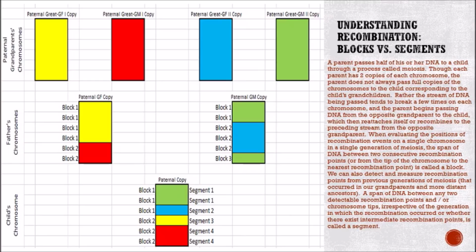And the same thing's going on the father's maternal side with the blue and the green from the paternal grandmother.